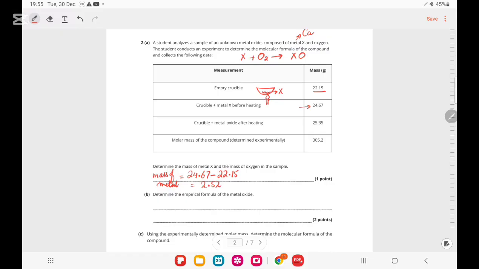Then we have the crucible plus metal oxide after heating. When it becomes metal oxide, we need to find the mass of oxygen that has been added. For that purpose, we subtract the two: 25.35 minus 24.67, which gives the added oxygen.